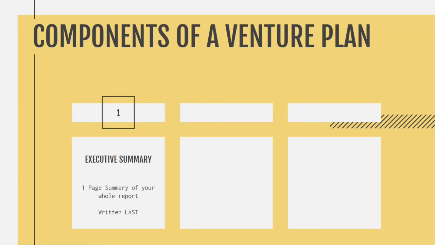Okay, so they're going to read your executive summary, and if it sparks their interest, then they might actually go into your venture plan for more details. Okay, but if it doesn't, then you're not going to be getting any more attention from them. So it is very, very important that it is written effectively, and we will go through exactly how to write one. But as I mentioned, even though it's the first page on the venture plan, it is going to be written last at the very, very end.